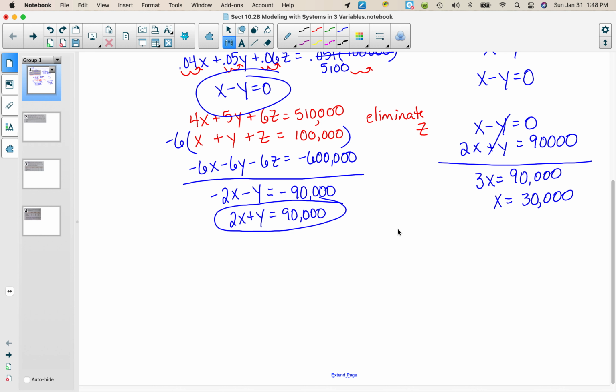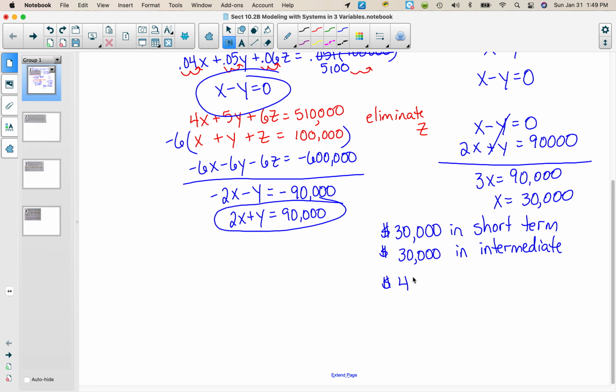So that means that he should invest 30,000 in short term. Remember, he's doing the same amount in the intermediate, 30,000 in the intermediate. And we had a total of 100,000, so that's going to leave 40,000 in long term.